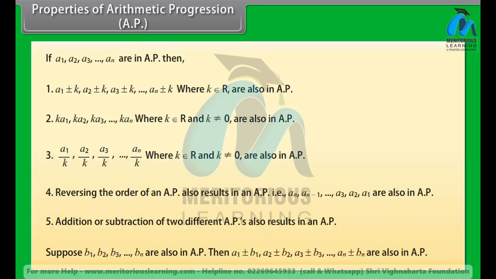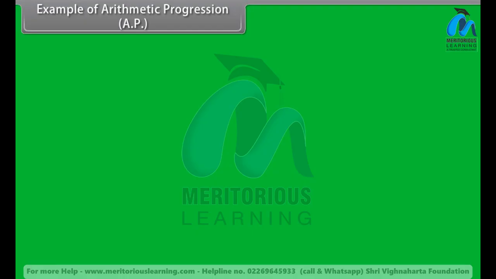Suppose B1, B2, B3 up to Bn are also in AP. Then A1 plus minus B1, A2 plus minus B2, A3 plus minus B3 up to AN plus minus Bn are also in AP.